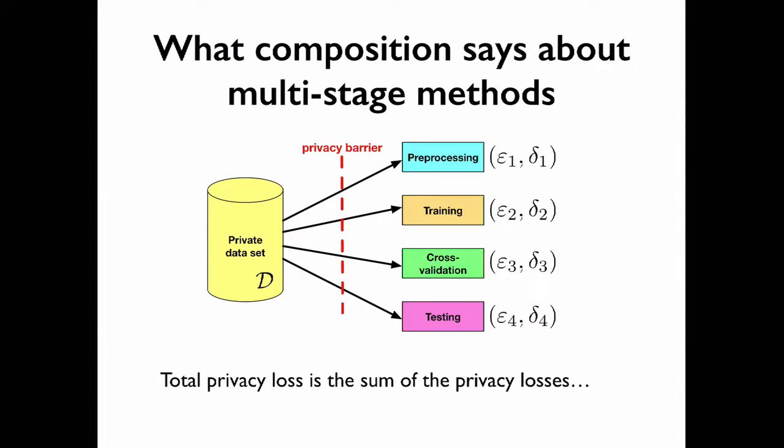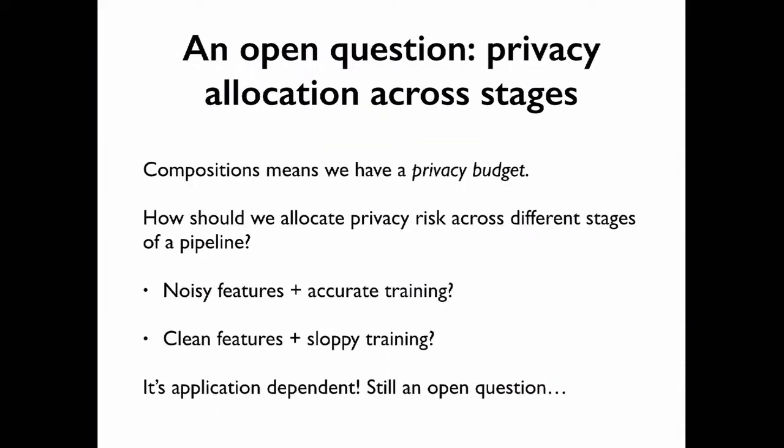So the existing composition theorem says that in this example where I go back to the training data multiple times, I'm going to incur the sum of all the epsilons and the sum of all the deltas. And even just taking this, it means that if I know I'm going to be doing some differentially private machine learning on some data, then I might start out with a privacy budget.